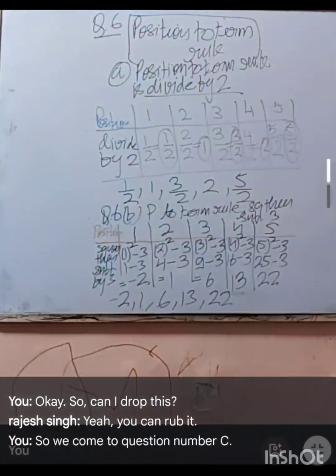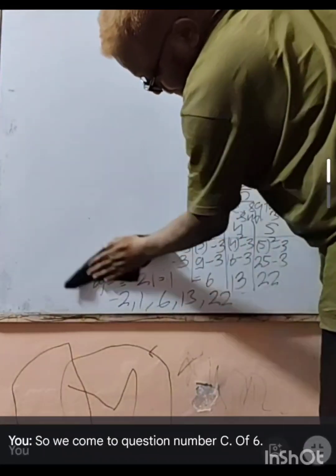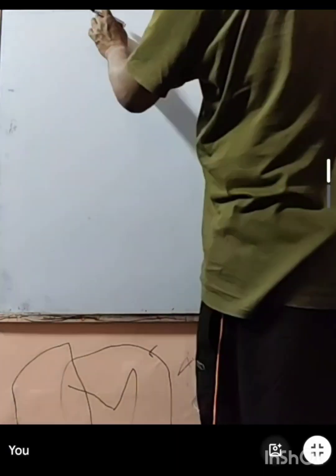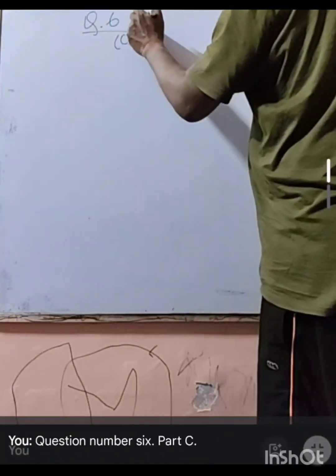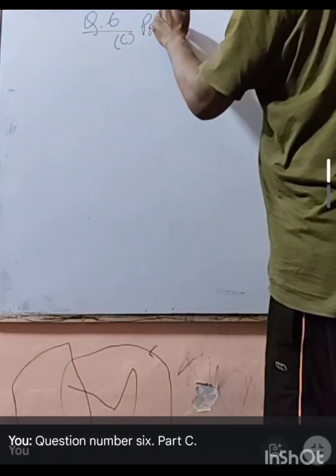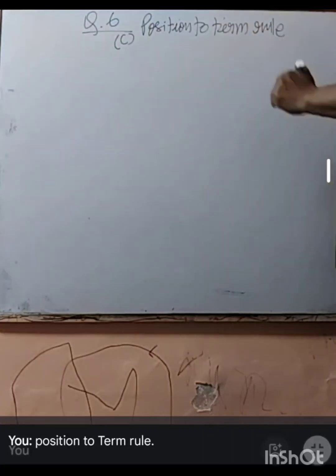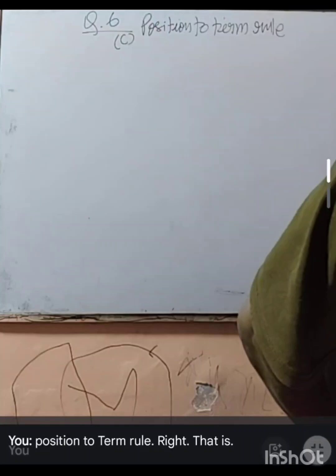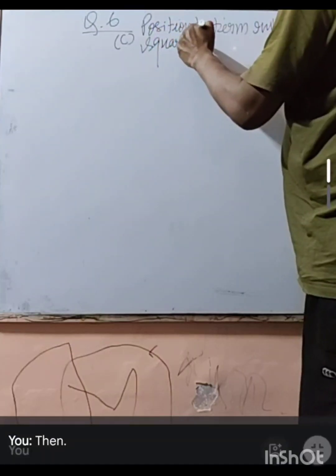So we come to question number 6, part C. The position to term rule is square, then add 4.